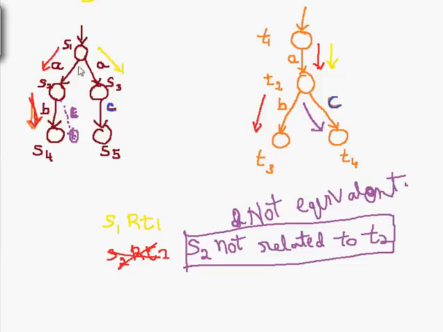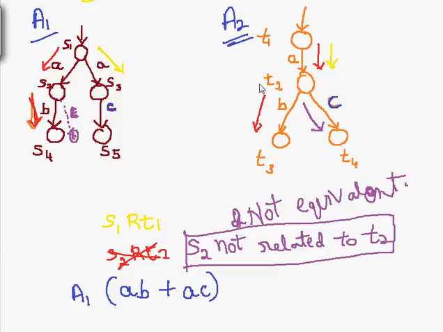Now let me consider this label transition system as A1 and this as A2. Now first I'll see what A1 is. A1 has like AB or AC. Okay, what does A2 exhibit? What behavior does A2 have?